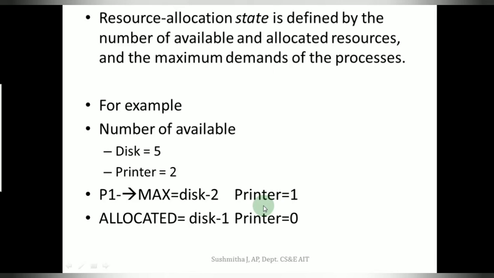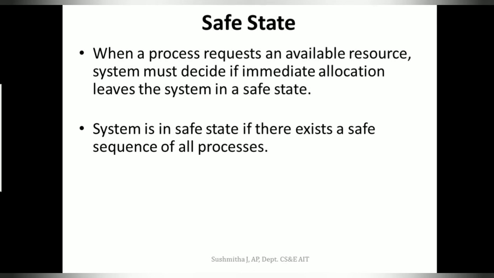This comes up with another concept, that is the safe state. Let us see what a safe state is. When a process requests a resource, the resource is immediately allocated only if it leaves the system in a safe state.